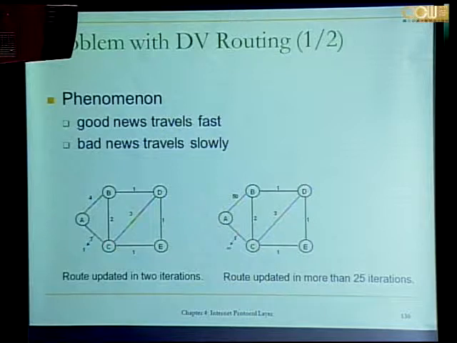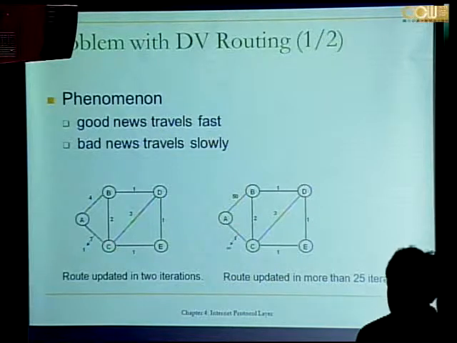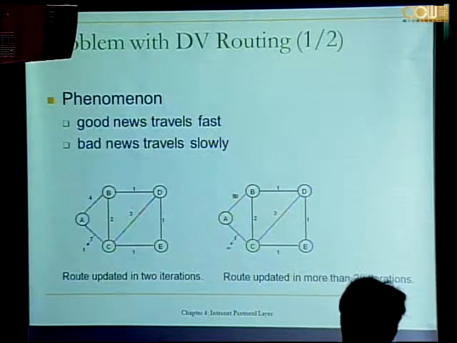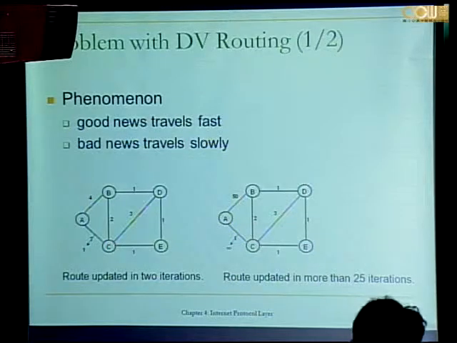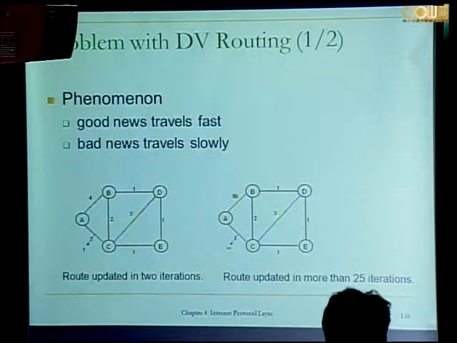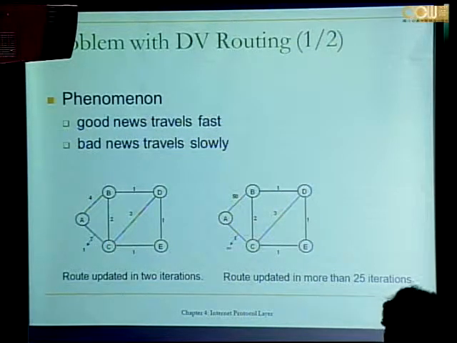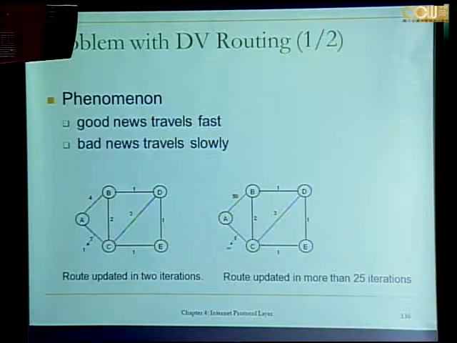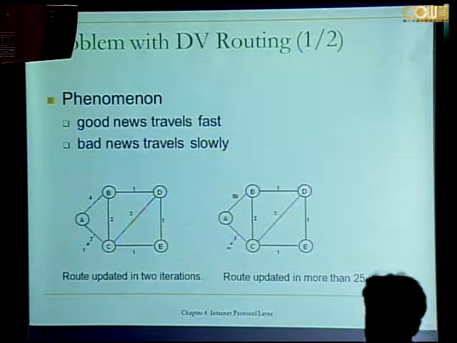There's another problem with distance vector. In addition to the longer time to converge, it has another problem. The phenomenon is this: good news travels fast, bad news travels slowly.